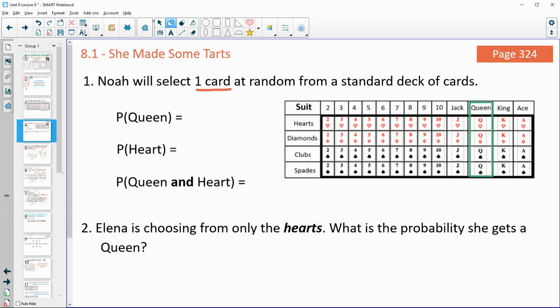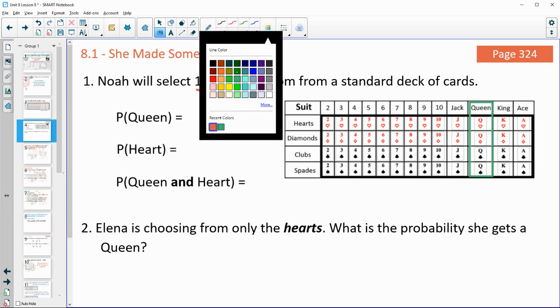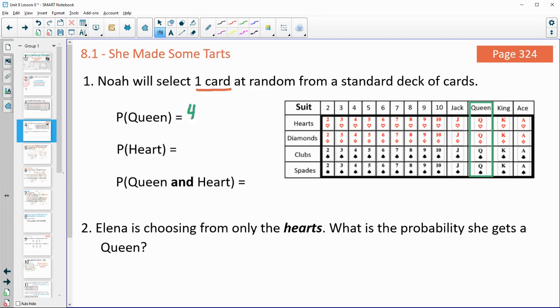So there are 4 cards considered winners in this case out of the total of 52. If you isolate this and think about that each suit is a repeat, you've got 1 queen out of every 13 cards. And so this would also simplify to a 1 in 13 chance.